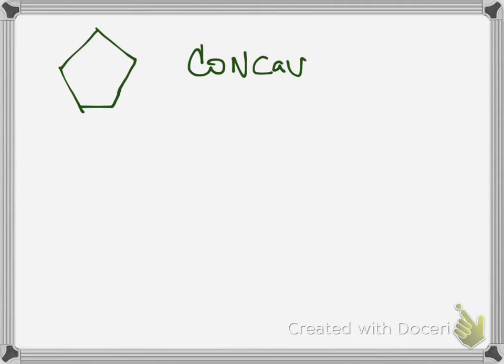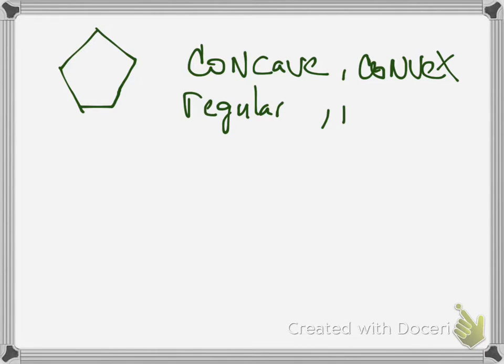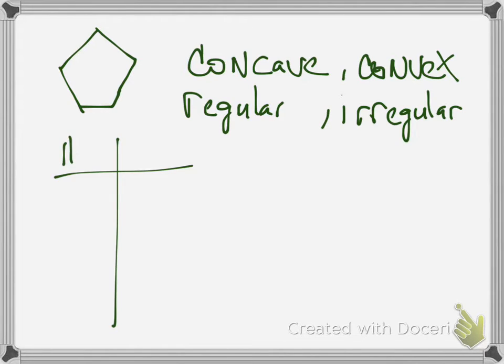All right, so what other things did I miss? I missed classifying. Don't forget about concave, convex. Don't forget about regular, irregular. I would make sure you know the number of sides and the name.